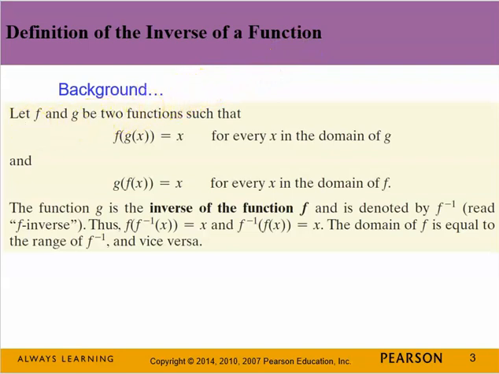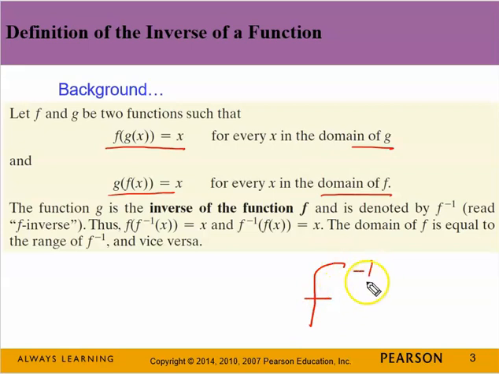So, for background, let f and g be two functions such that this, for every x in the domain of g, and this, for every x in the domain of f, we say function g is the inverse, and inverse, by the way, is denoted by a special function symbol, the letter f to a -1.